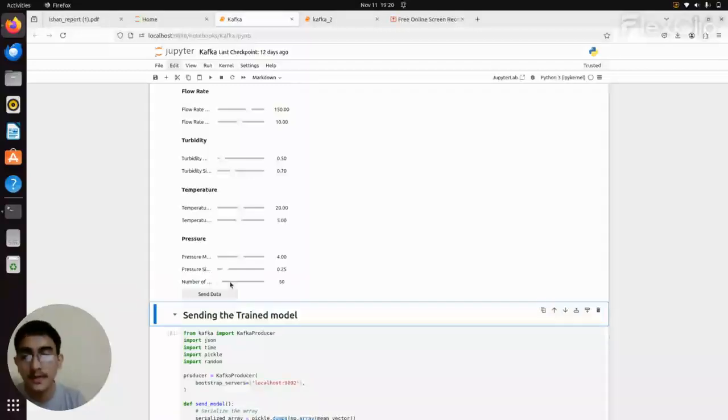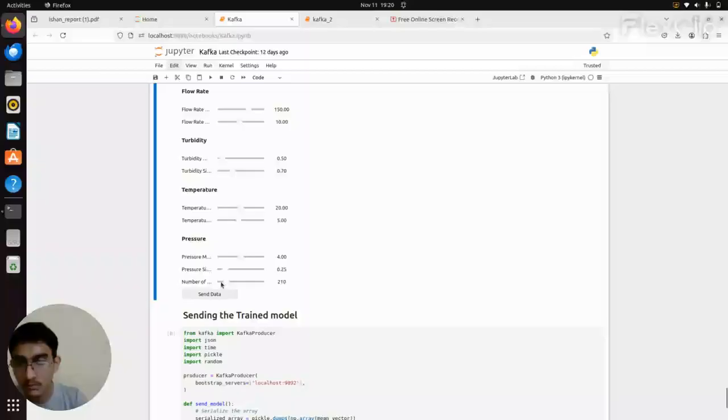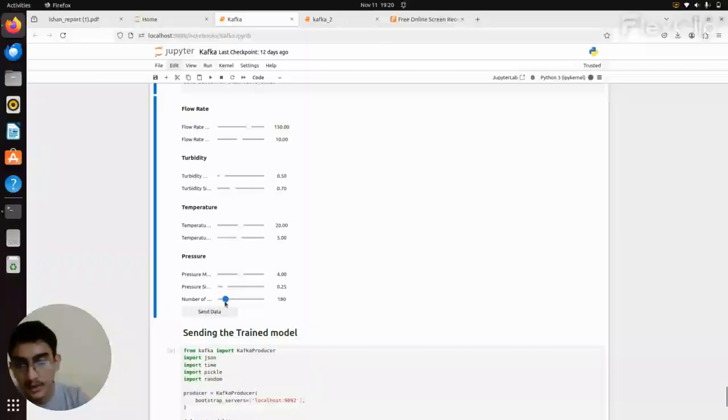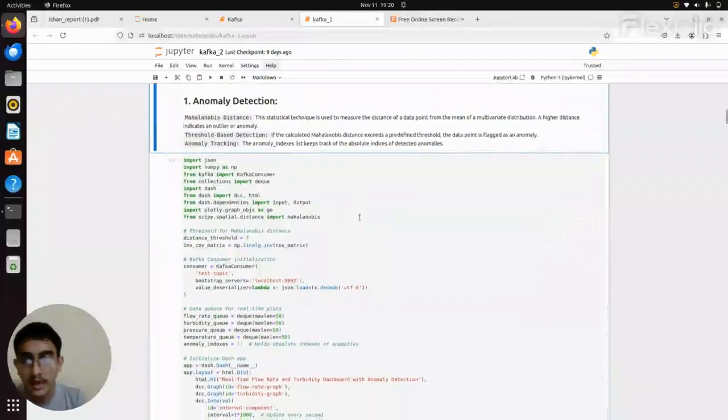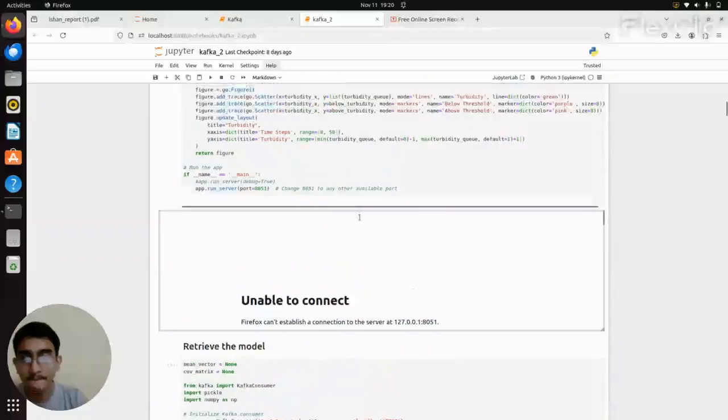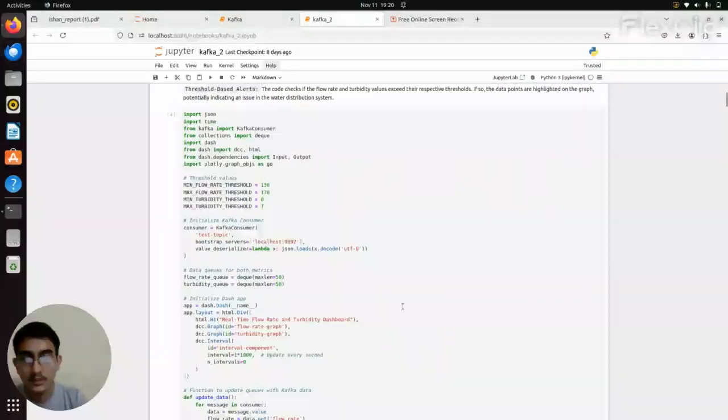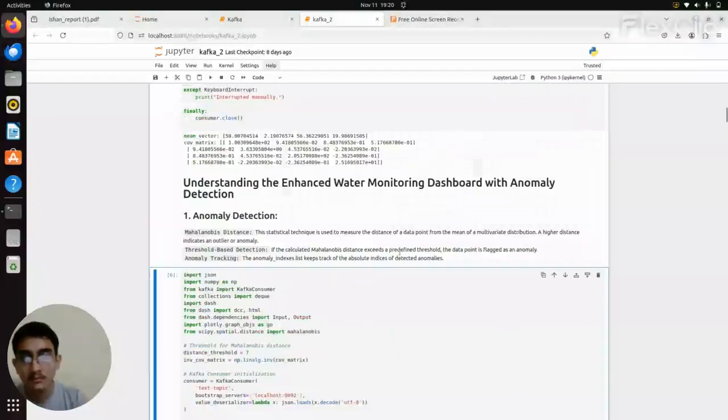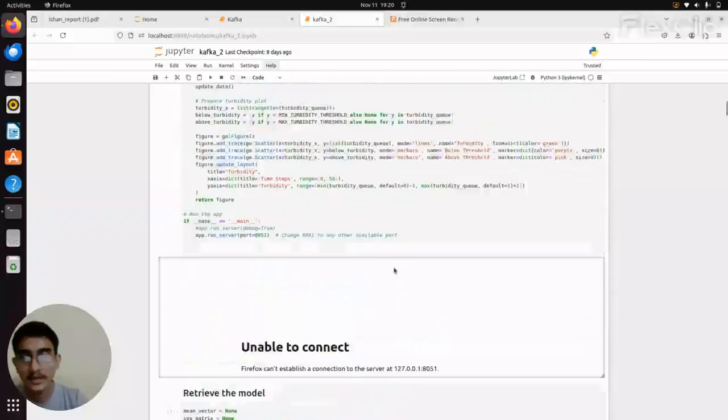Since we are only simulating the process, we do not want to send an infinite number of data points, which usually happens in real time, but only around 100 or 150 data messages to our Kafka consumer. On clicking this button, the data will be sent to the Kafka consumer, which is here. As soon as I start this Kafka consumer on the other notebook, it gets started.